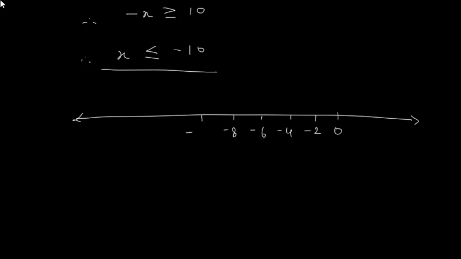So we have to take all real numbers which are less than or equal to minus 10. So here minus 10 we will show like this, and then we will show an arrow which is extending towards the left hand side. So this is our solution for problem number 18.